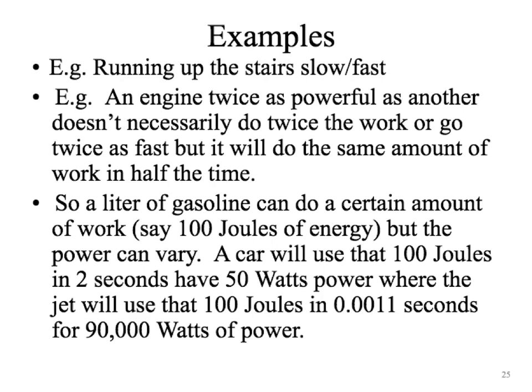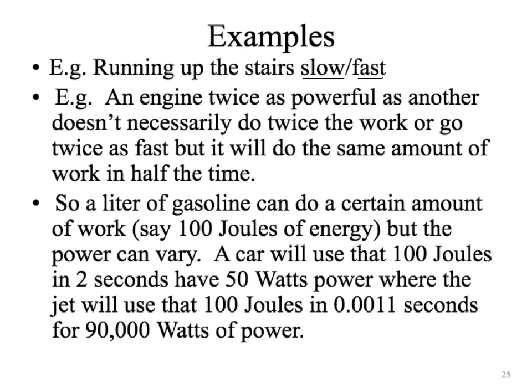Okay, so some examples of power. If I run up the stairs slow or fast, I'm going to do the same amount of work. But if I go slower, that's going to be less power than if I go fast. We don't necessarily have an engine twice as powerful as another doing twice the work or going twice as fast, but it will do the same amount of work in half the time.